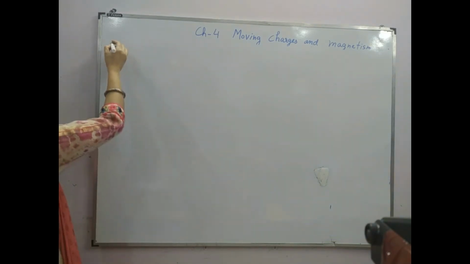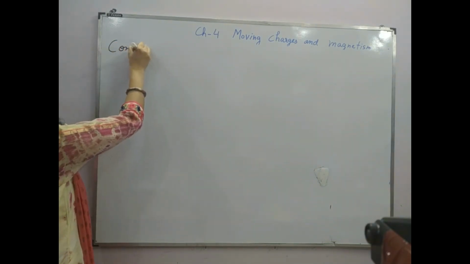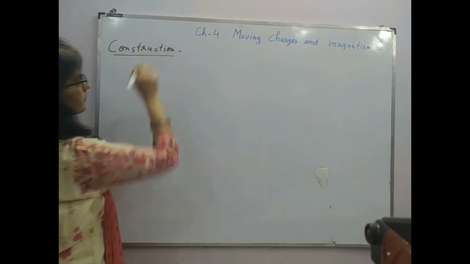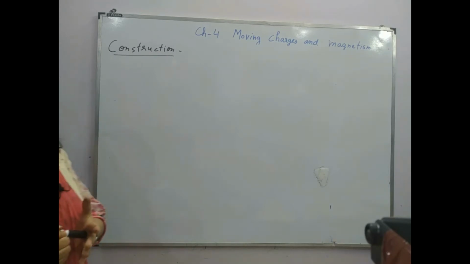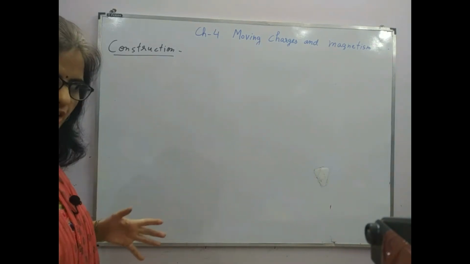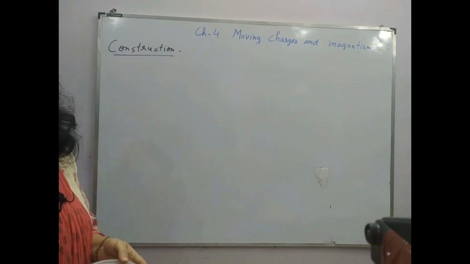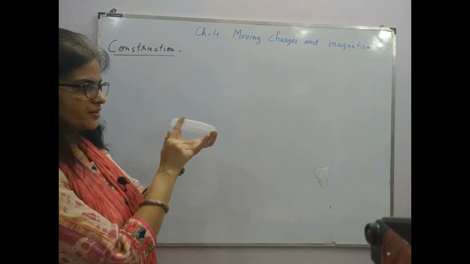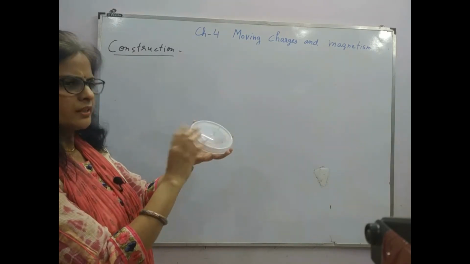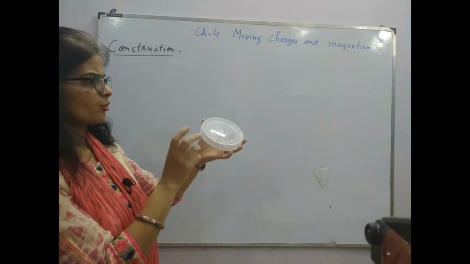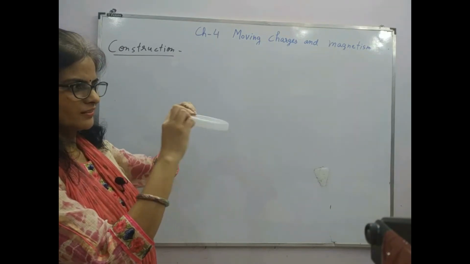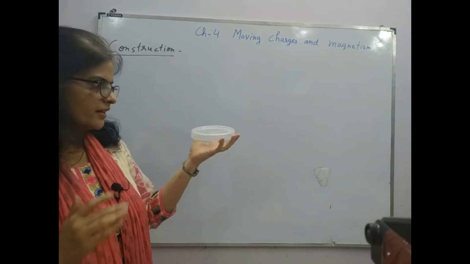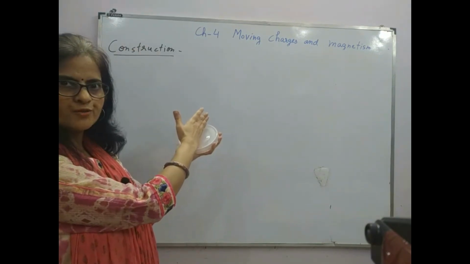So for construction, two hollow metallic discs are cut from a cylinder. Suppose we have a cylinder like this, right? So this is cylindrical. We know this is a lid of a box which I am showing. So this is a cylinder with less thickness, right? So here a hollow metallic cylinder is taken. It is cut into two parts from here.